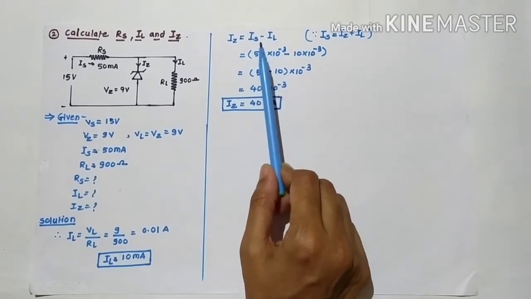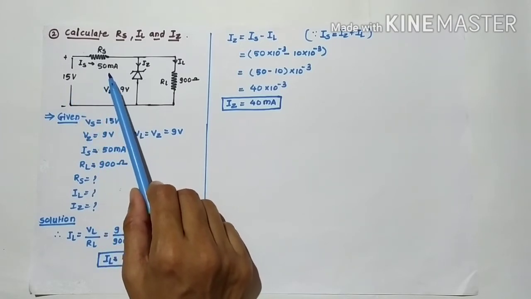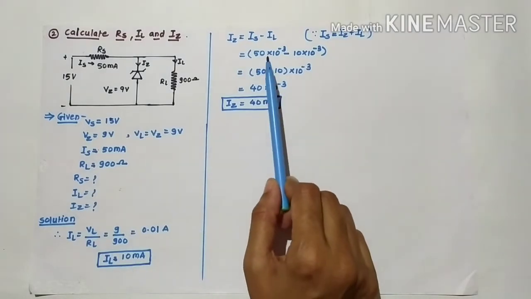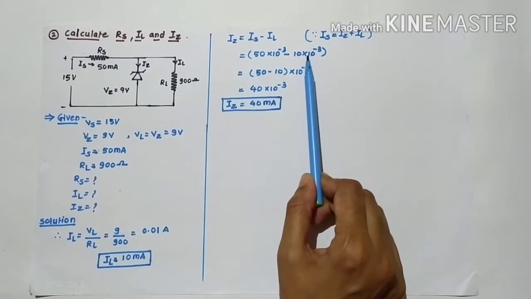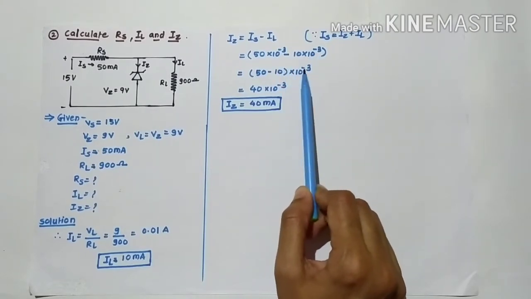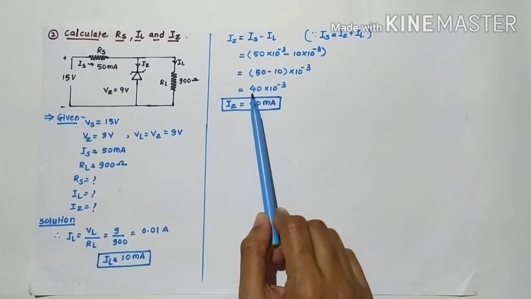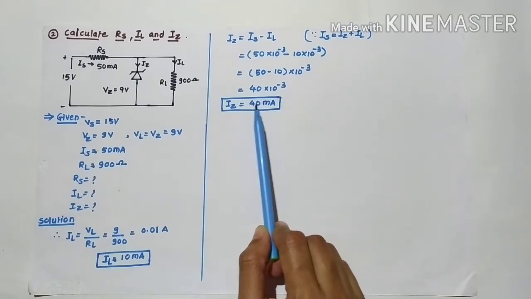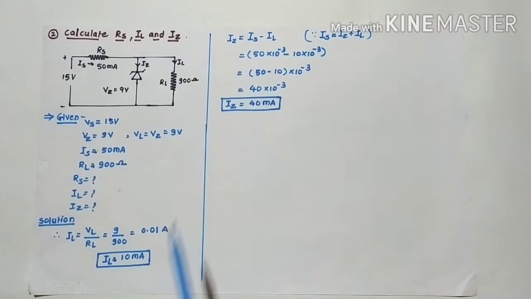The value of Is is 50 milliampere and IL is 10 milliampere. By putting the values, 50 into 10 raised to minus 3 minus 10 into 10 raised to minus 3. Taking 10 raised to minus 3 common, 50 minus 10 gives 40. So 40 into 10 raised to minus 3 is nothing but 40 milliampere. So this Iz is equal to 40 milliampere.